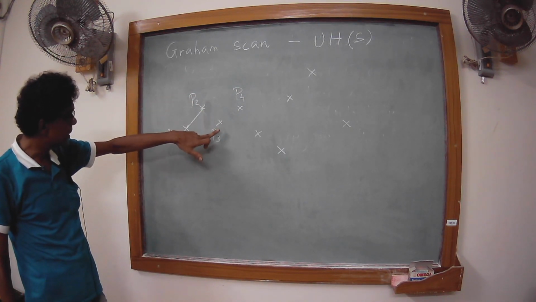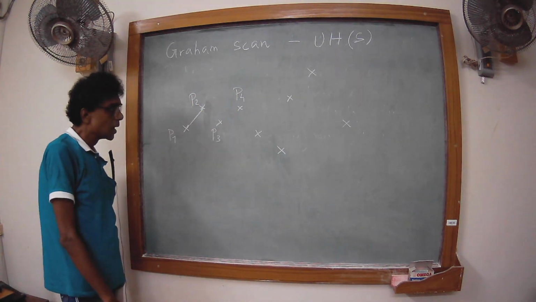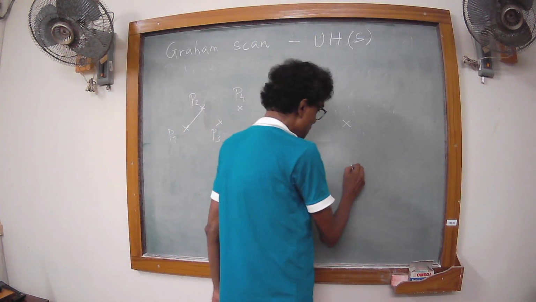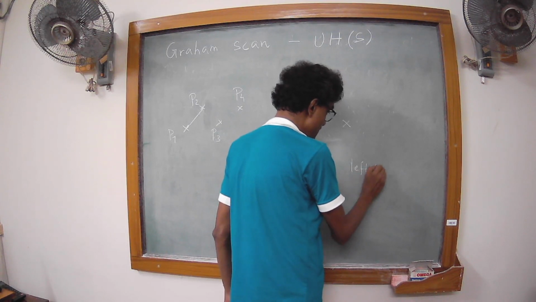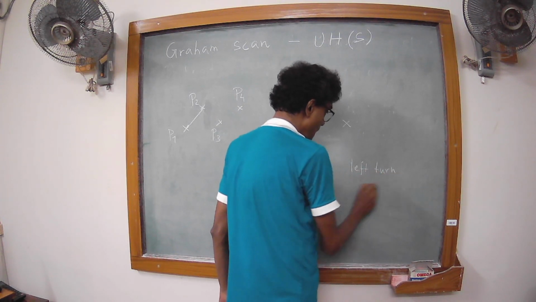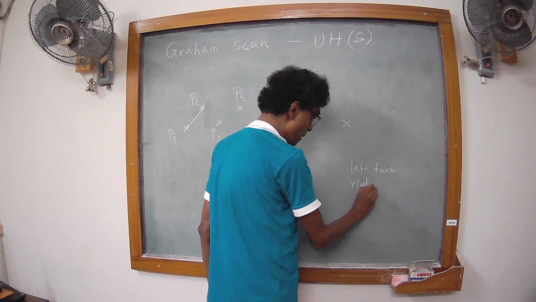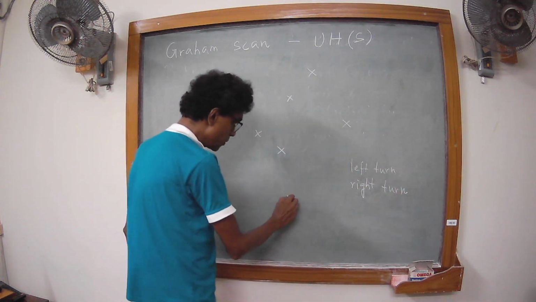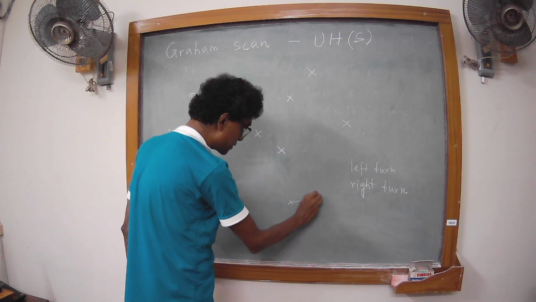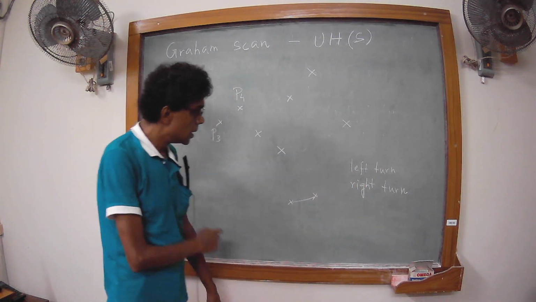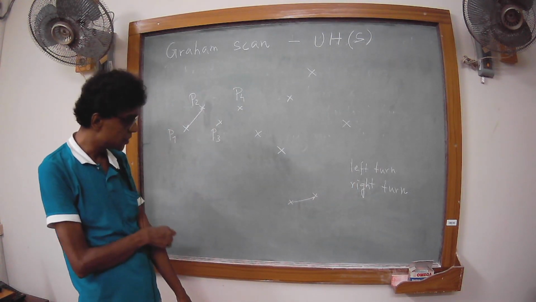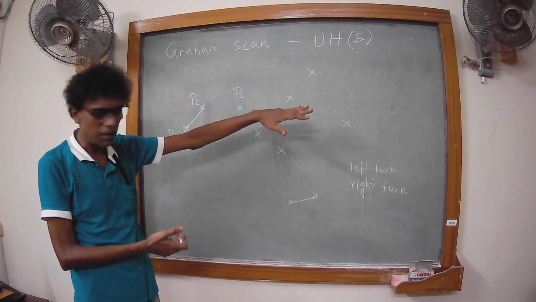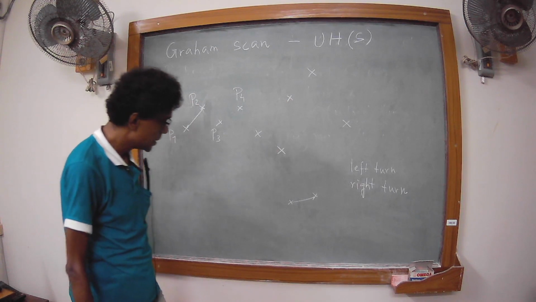Then when I consider P3, I introduce the concept of a left turn and a right turn. Suppose this is the last edge added. To start with, it is P1, P2. Later it may be somewhere else.